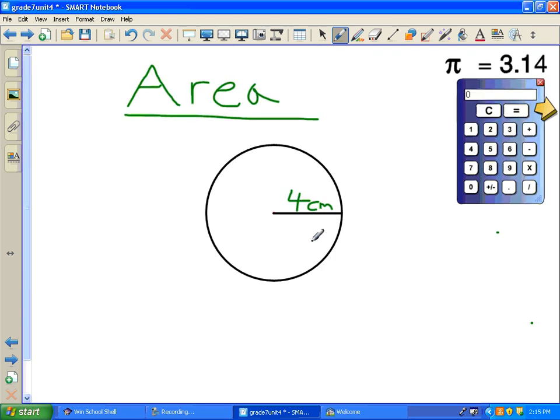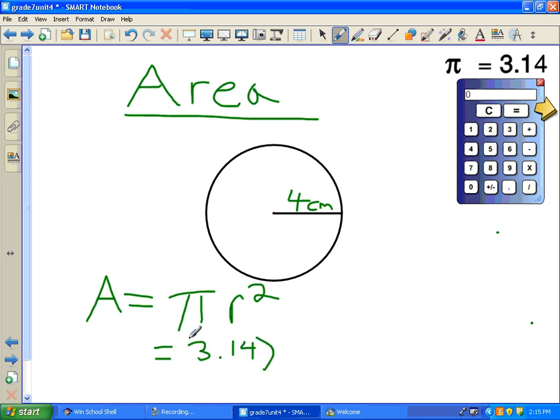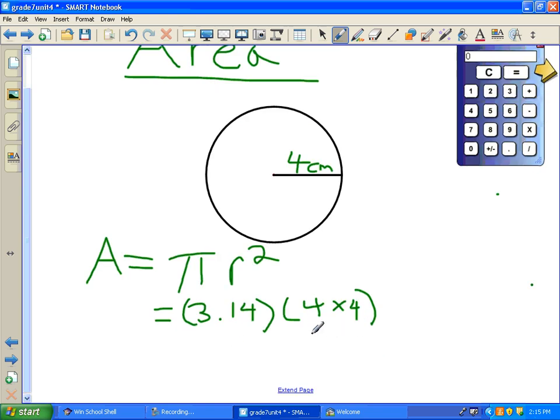Here's another one. We're given the radius fairly easy. Remember, the area of a circle is going to be pi r squared. So we know what pi is. We always know what pi is. And in this case, we've got to square the radius, which means it's 4 times 4. We know what 4 times 4 is. That'll give us 16.